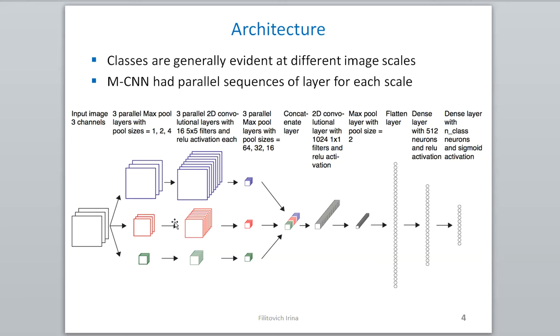It's achieved by configuring parallel branches of layers, each starting with a max pool layer with different pool sizes, followed by one or multiple convolution layers, after which the outputs are brought to the same size using max pool layers again. Then the outputs are merged and passed through more convolutional and dense layers to produce the final predictions.